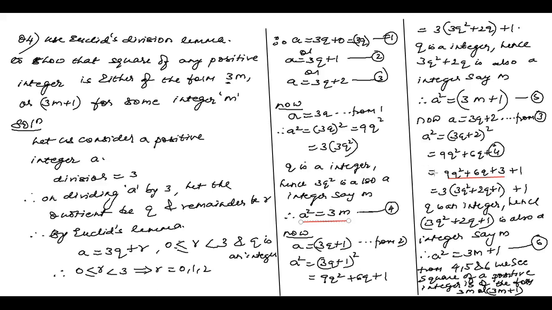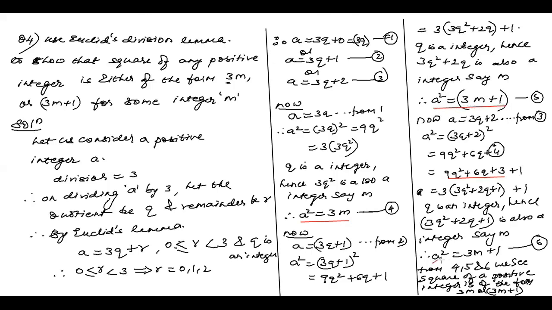One minute. Therefore, the fifth statement: a square equals 3q square plus 2q plus 1, so a square equals 3m plus 1. You can check here, children. This is my fifth statement. A square equals 3m plus 1.